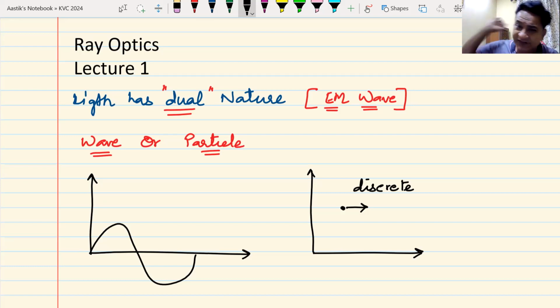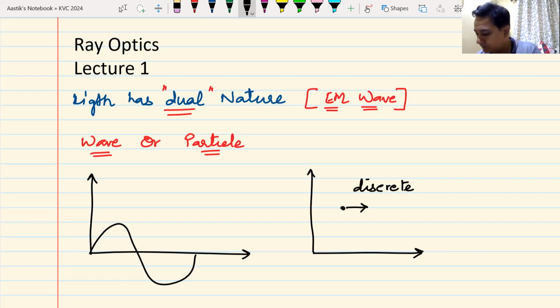Small particles hitting the wall, or a large number of particles hitting something, will create an impact. Because everything is hitting as one packet, that is known as the particle nature.